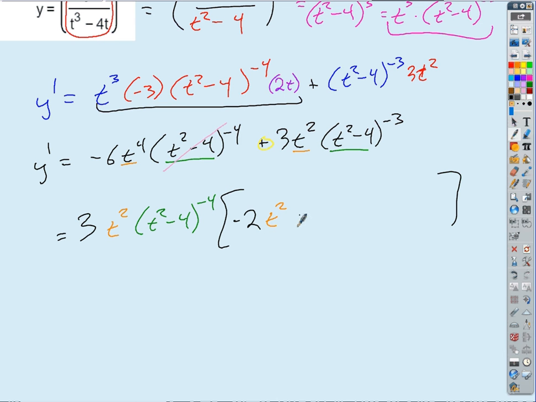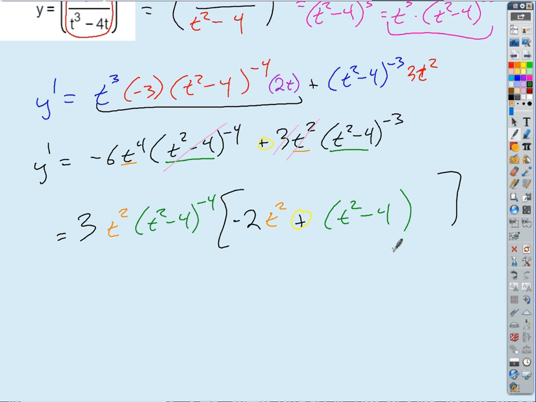Plus, 3's completely gone. The t squared factors completely out, right? And we're left with this base to what power? 1. Right?